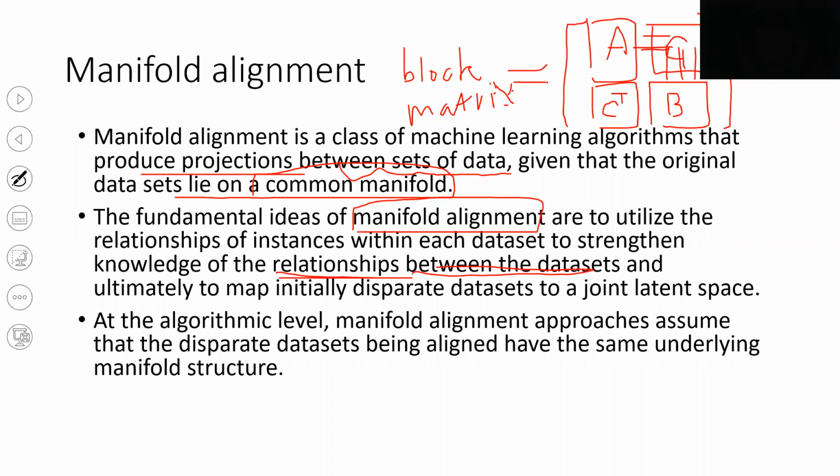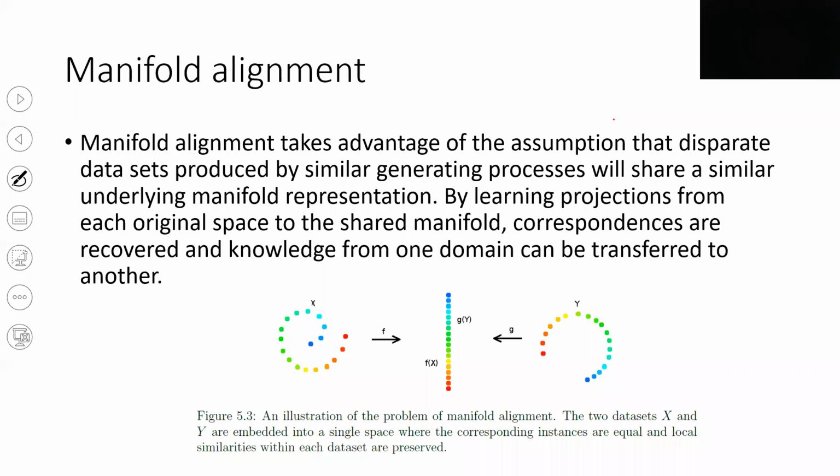Okay, so this assumption is here, and we need to have knowledge of the relationship, which is in the corresponding matrix, to reflect the relationship between data points between A and B. The projection also keeps its original nonlinear relationship between data points.